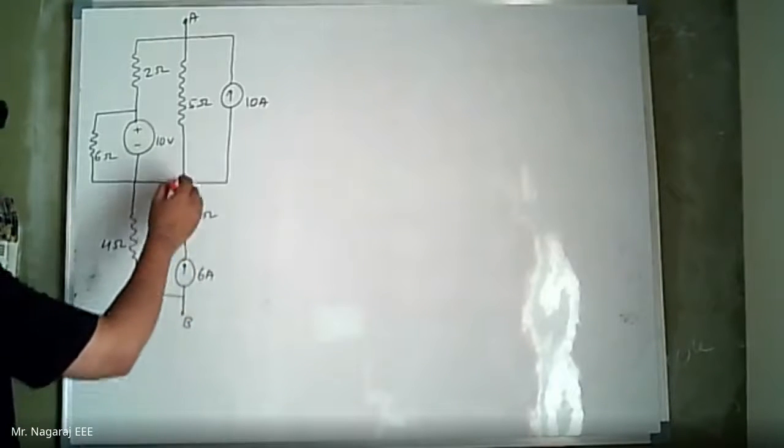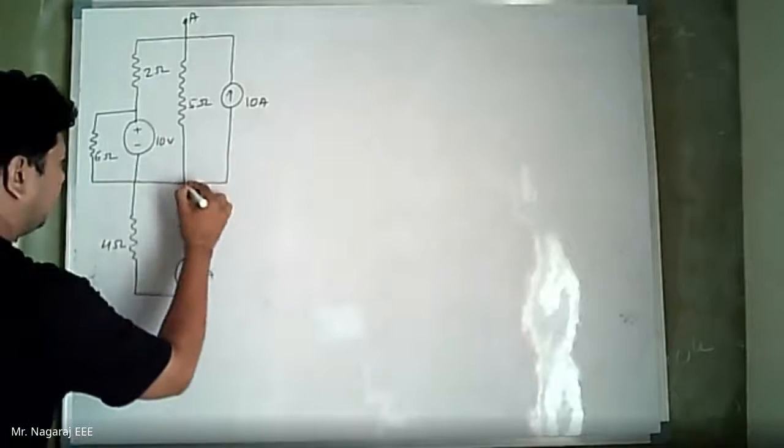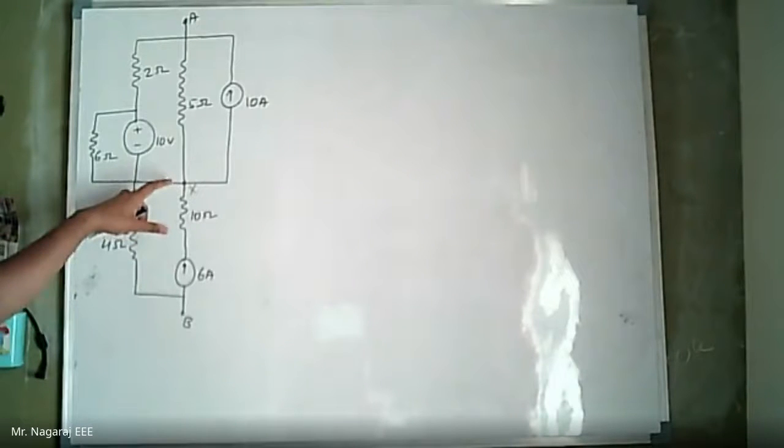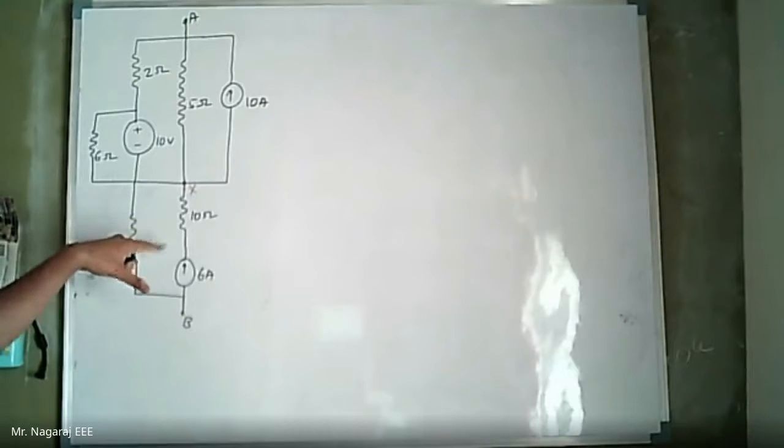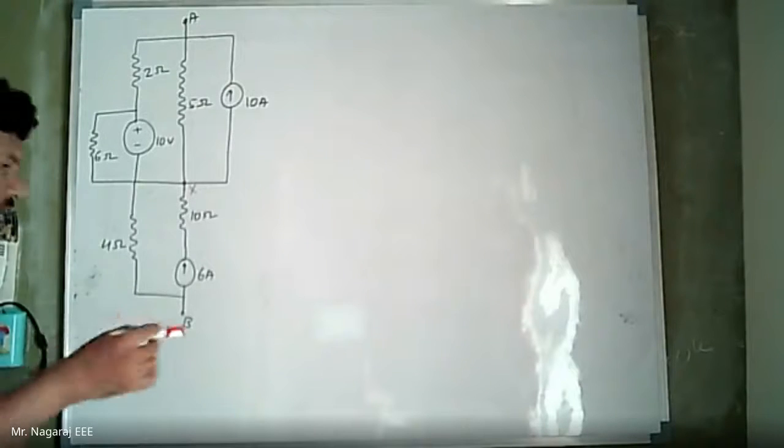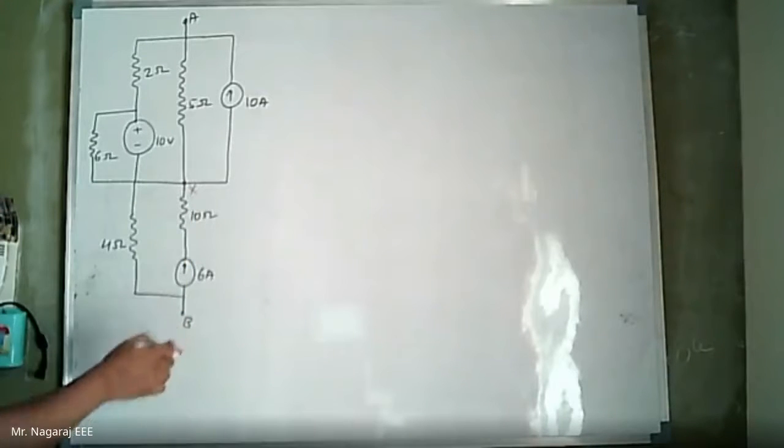But when I put a resistor in series with a current source, let us take this point as X. The value of current in the branch XB is independent of any resistance added in the branch, because that current is due to the value of the current source. So whether I add a 10 ohm resistor or a 100 ohm resistor, the branch current of XB will be 6 amperes from B to X. It won't change.